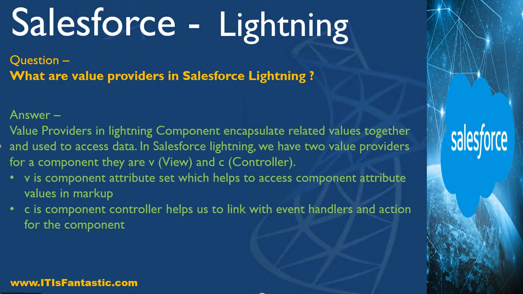What are value providers in Salesforce Lightning? Value providers in Lightning component encapsulate related values together and are used to access data. In Salesforce Lightning, we have 2 value providers for a component, and they are v for view and c for controller. v is a component attribute set which helps to access component attribute values in markup. c is a component controller which helps us to link with event handlers and actions for the component.